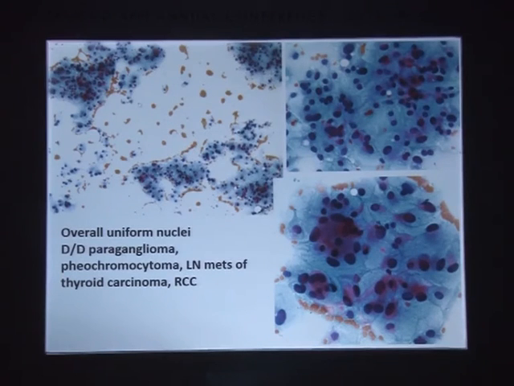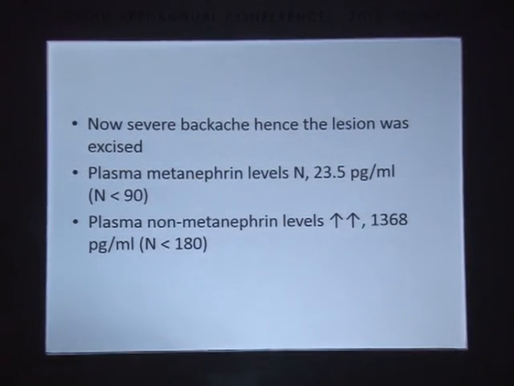However, sometimes these tumors can look like follicular neoplasm of thyroid. So lymph node metastasis of follicular carcinoma also should be kept in mind, although we did not offer this at that time. And renal cell carcinoma also should be kept in mind for such morphology.